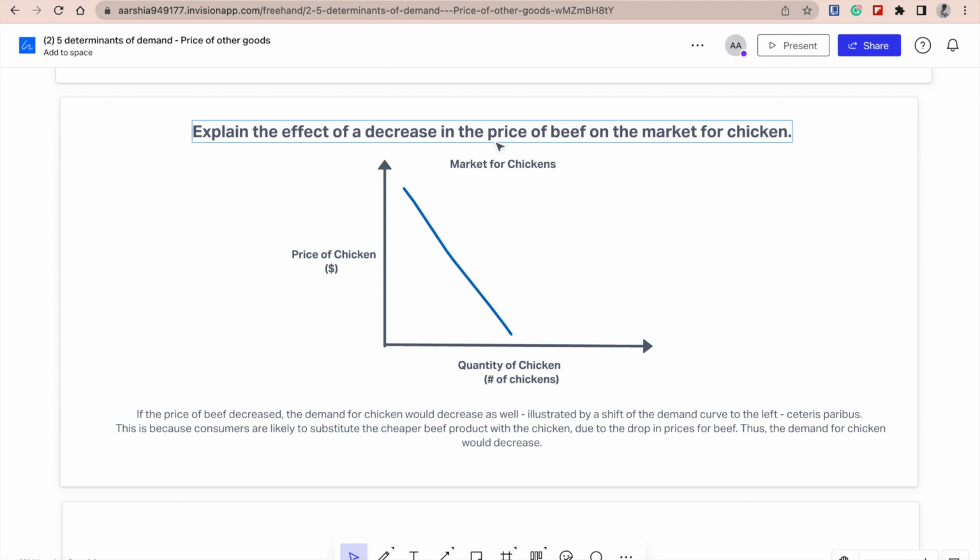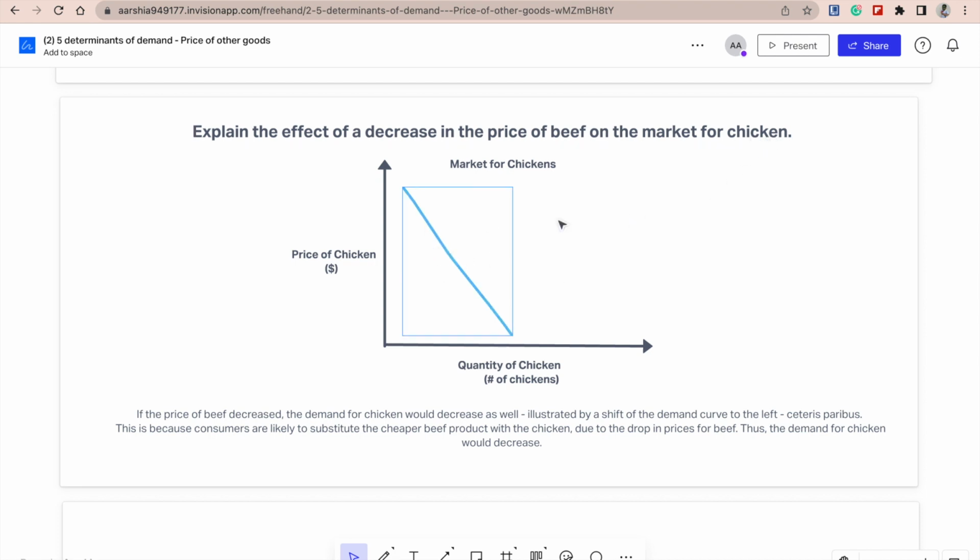And the question says that there has been a decrease in the price of beef. So if you remember what we learned, a decrease in the price of a substitute good results in a decrease in the demand for good X. So a decrease in the price of beef would result in a decrease in demand for chicken.